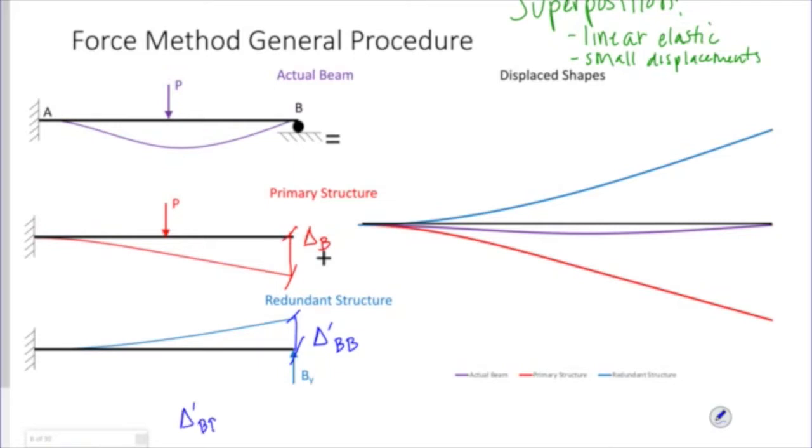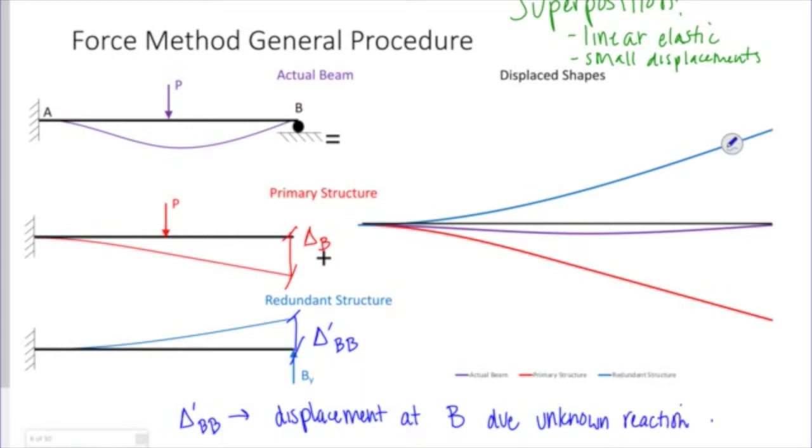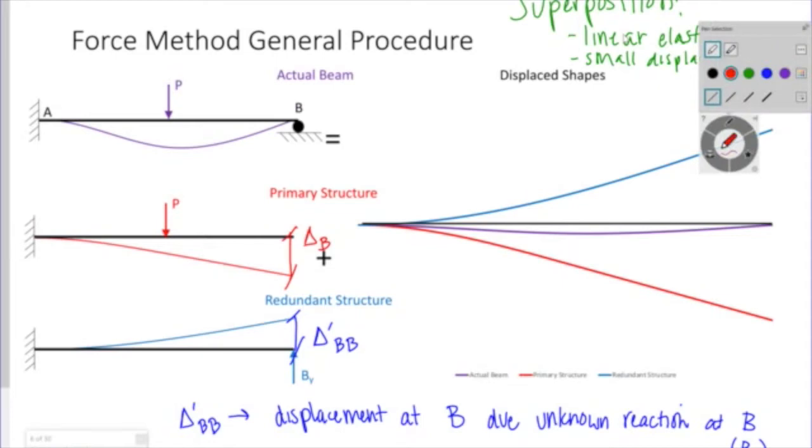Delta prime BB means displacement at B, that's the first B, displacement at B due to a force or an unknown reaction at B. That's BY. So displacement at B, that's the first B, due to my unknown reaction at B. That's my second B.